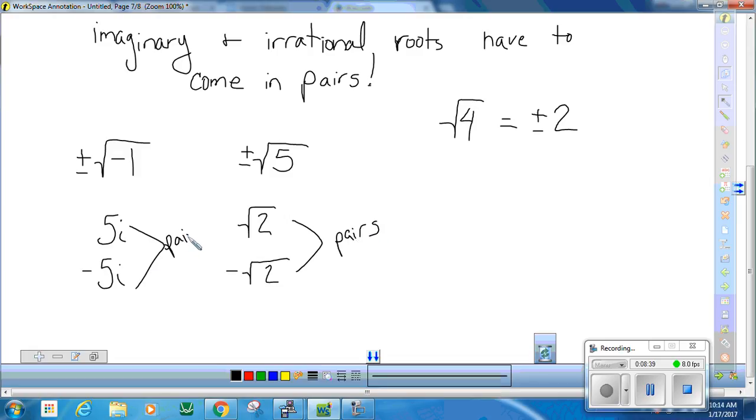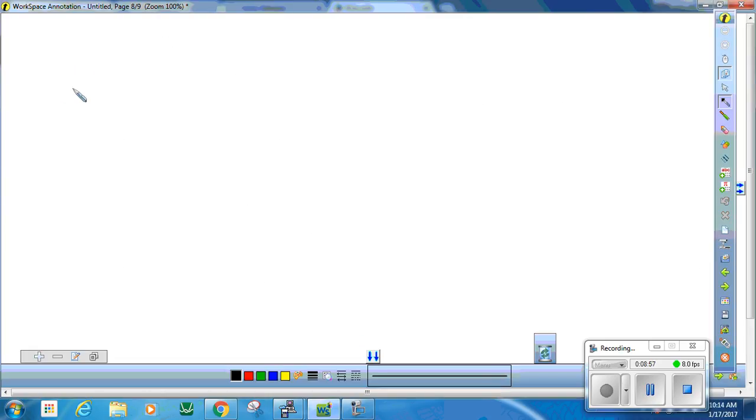Well, when we start trying to figure out how many x-intercepts our polynomial could possibly have, we always want to keep in mind that if we're going to have any imaginary ones that aren't going to show up on the graph, then they're going to have to come in pairs. All right? So here's how we can look at degree and associate it with some zeros, and how we get the x-intercepts and all of these kinds of things.